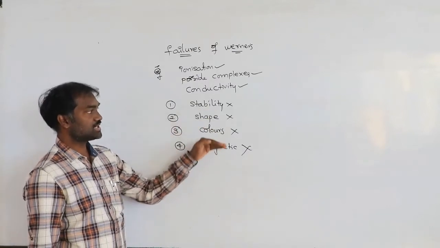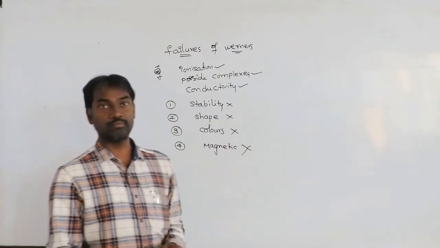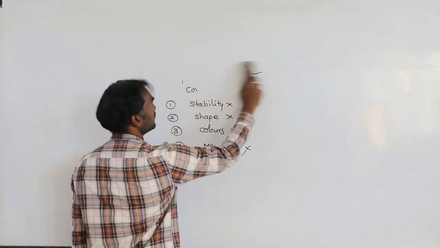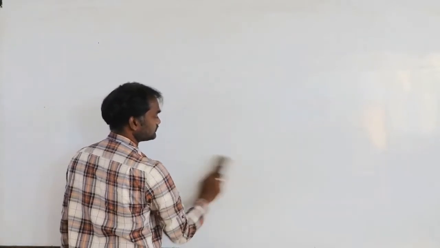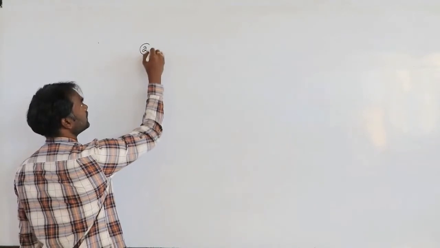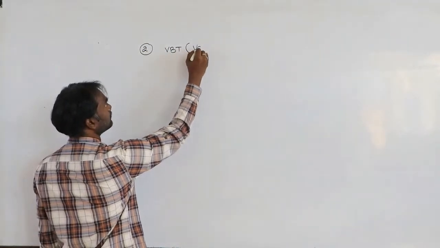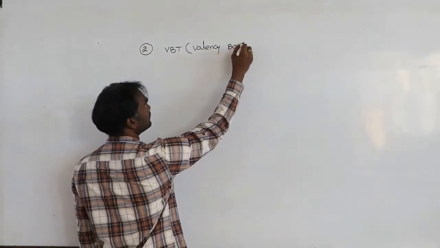For the explanation of these, some other theories were proposed. The second one is VBT, Valence Bond Theory. So as the second theory, we are going to discuss Valence Bond Theory.